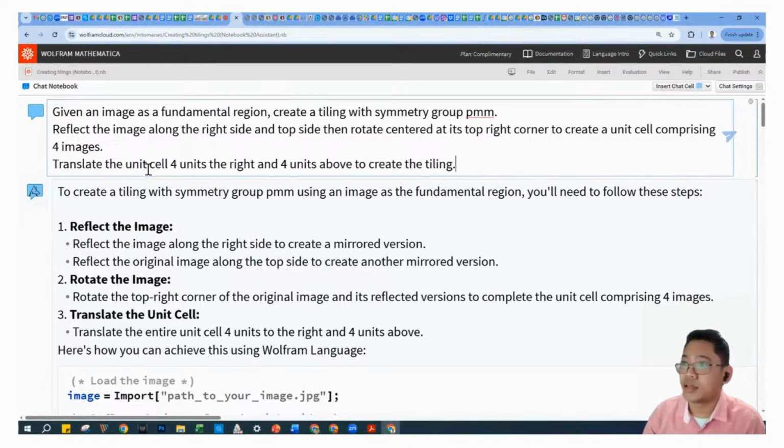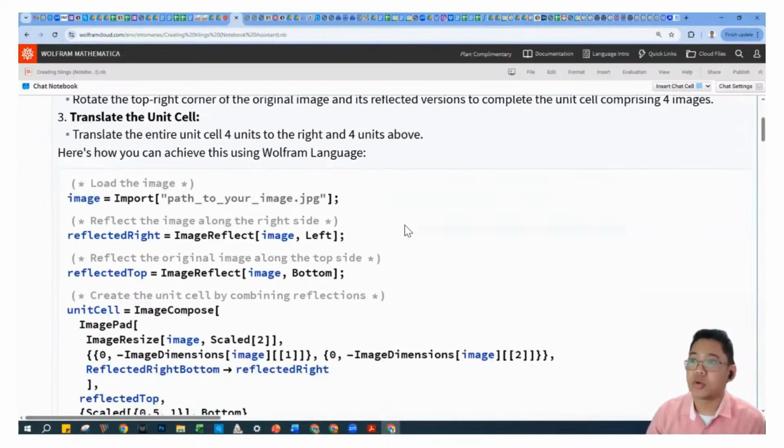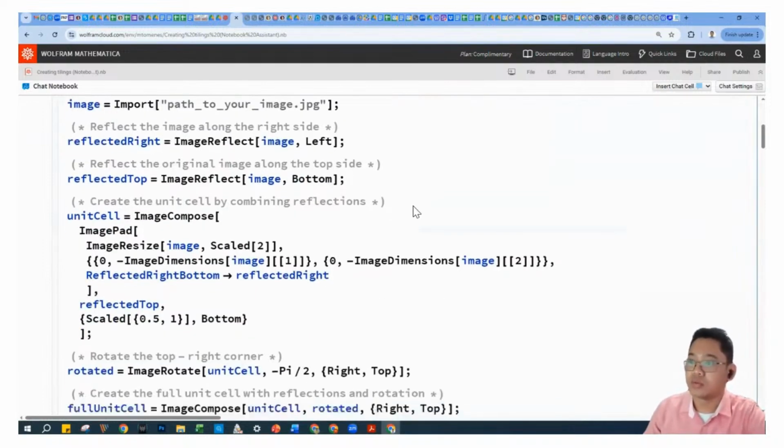Here, I want to create a tiling with symmetry group PMM. Of course, I'm not expecting Mathematica to know what PMM means, so I just give some additional instructions on what to do. I'm just using natural language to describe what I want to implement, and Mathematica can translate that into code that it can compute to do what you want.